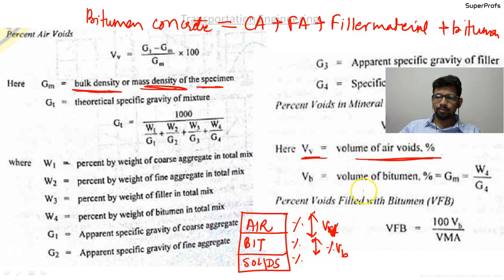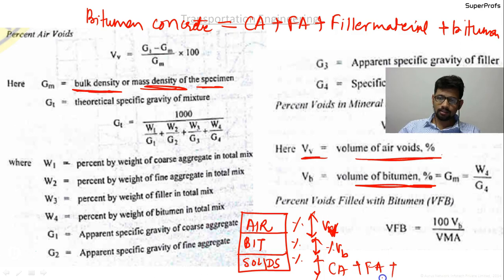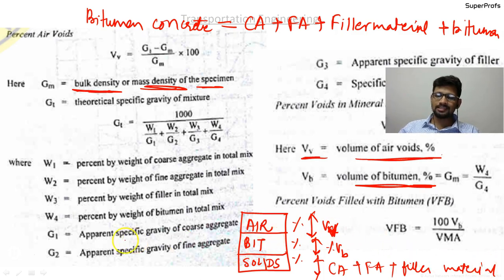This is VB, the volume of bitumen in percentage. And this is the solids, that is coarse aggregates plus fine aggregates and the filler material. So this is the phase diagram.